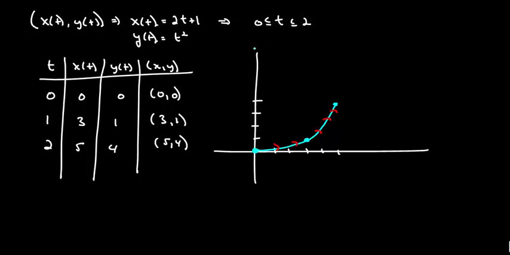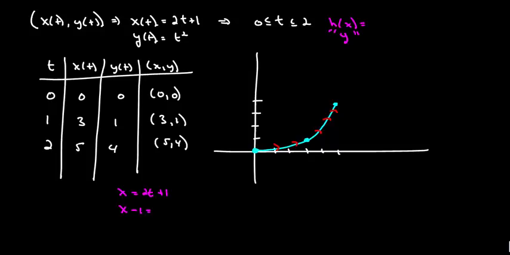Now another way that we can get the same graph is to go ahead and solve. I'll come up with a new function. I'm going to call this new function, I don't know, h of x. And so this is y. And notice that y, which is a function of t, is equal to t squared. Well, I can solve this for t. So x is equal to 2t plus 1.